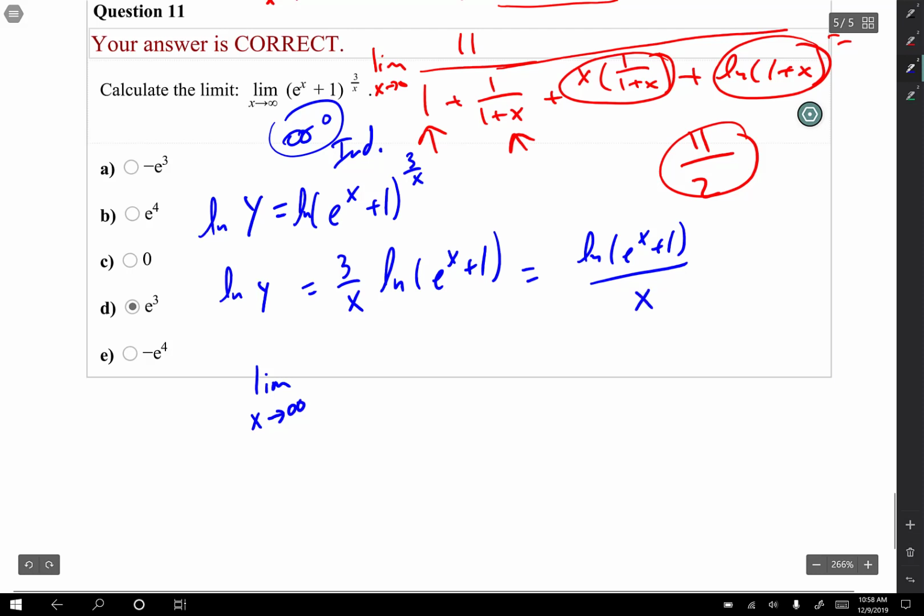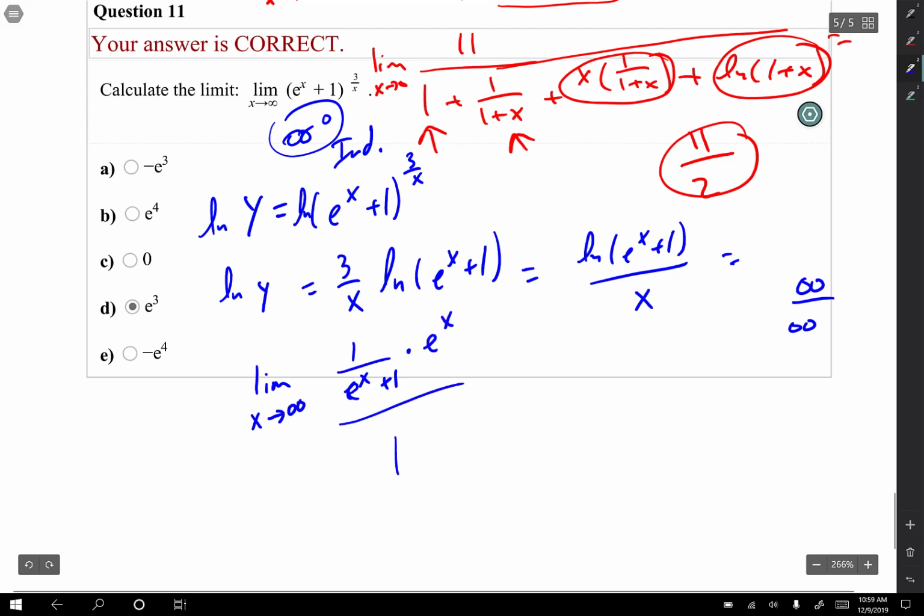Notice if I plug in infinity, I get infinity over infinity, so I can do L'Hopital's rule. Indeterminate form, L'Hopital's rule. So derivative: 1 over e to the x plus 1, times e to the x, all over 1.